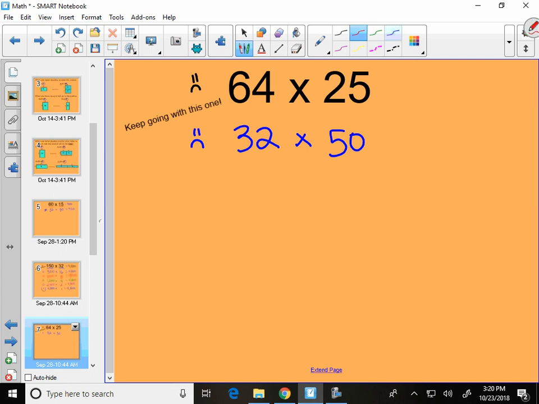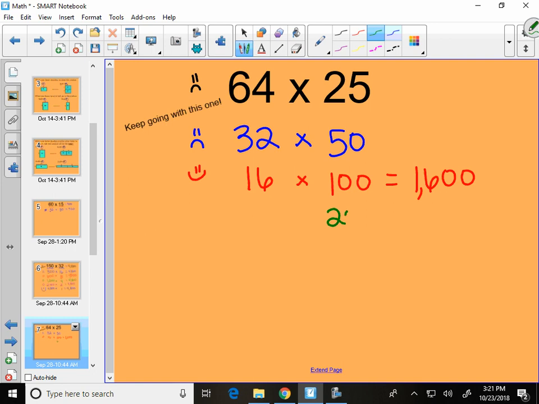So I'm going to keep going. Double one of the numbers and cut the other number in half. Well, that's a little bit easier. I like this one. 16 times 1 is 16. 2 on the left, 2 on the right. But we could keep going.